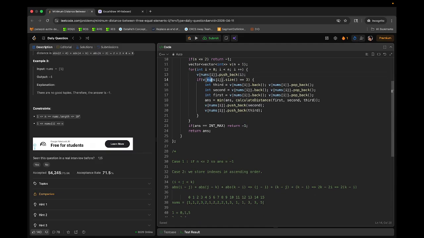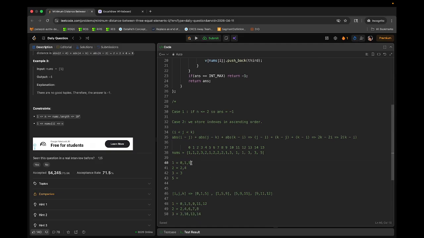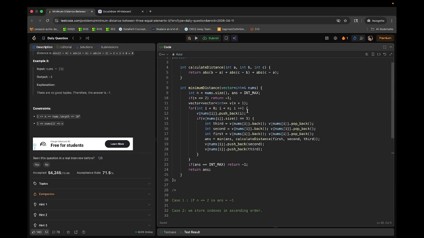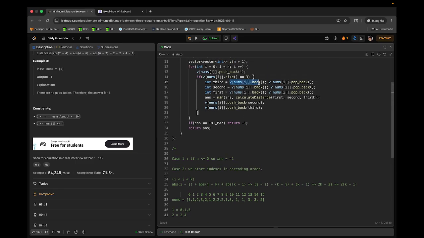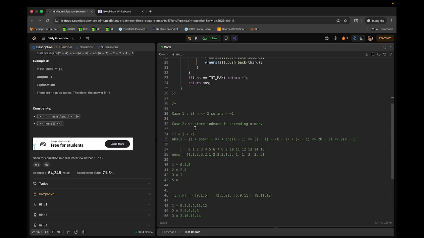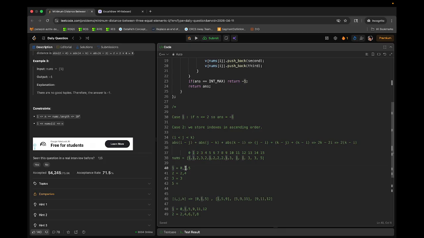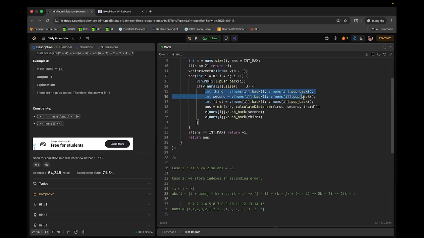If for any number it has 3 indexes present, we'll extract all the 3 elements of the vector that are currently present. So this will become first, this will become second, this will become third. We fetched the last element and popped it.